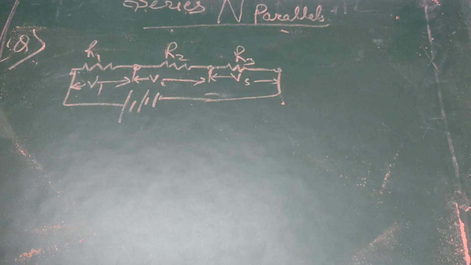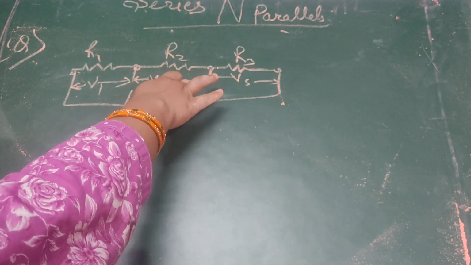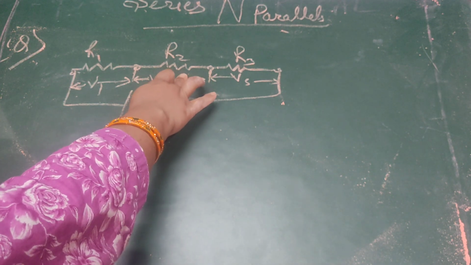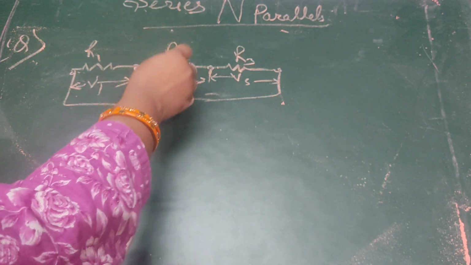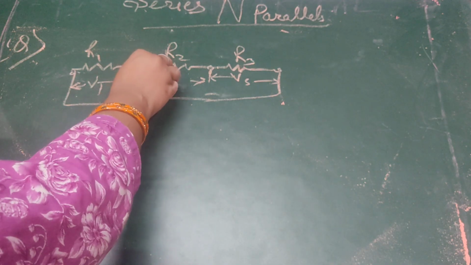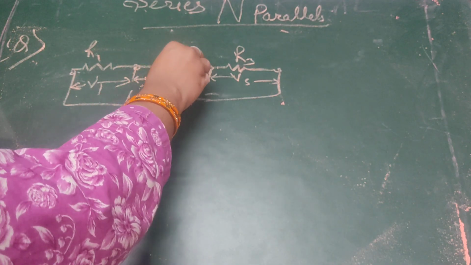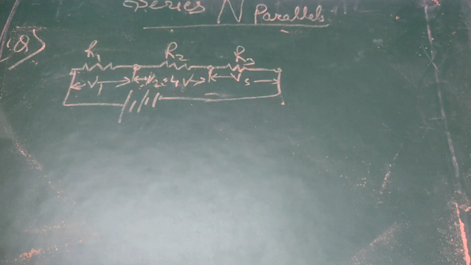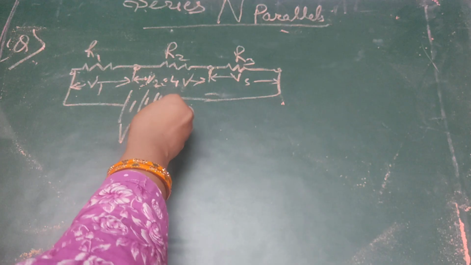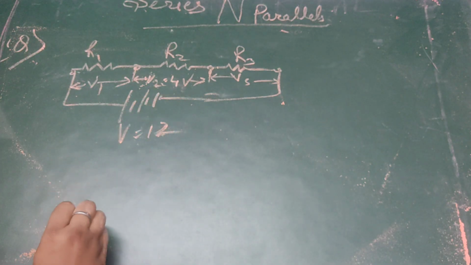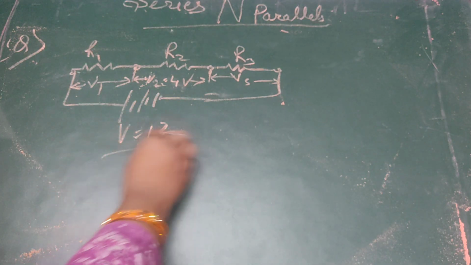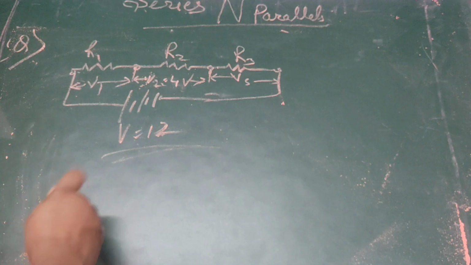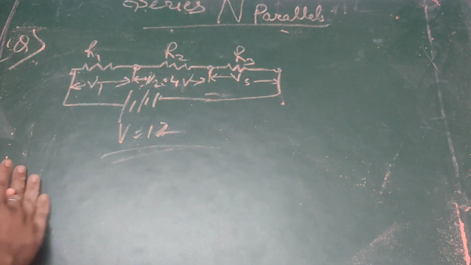What you have seen here is a voltage drop of 4 volt, and the voltage is given as a 12 volt battery supply. So from the question we can make this circuit diagram.